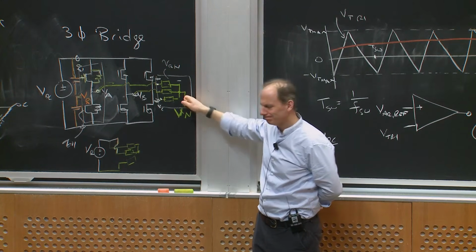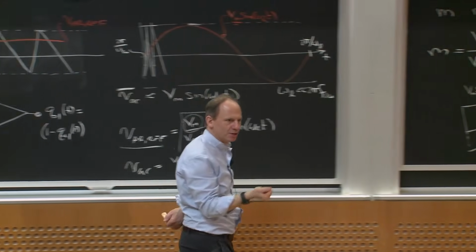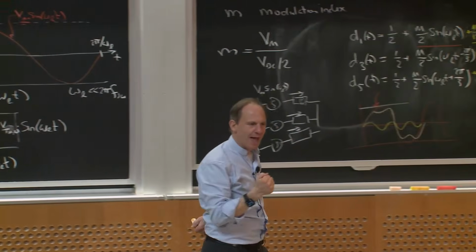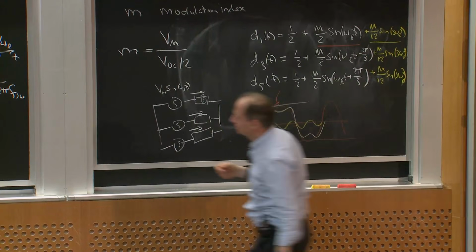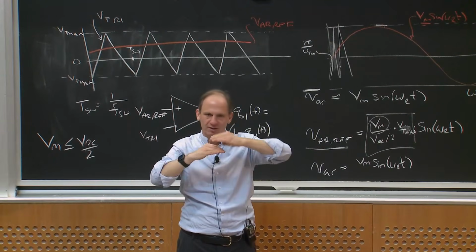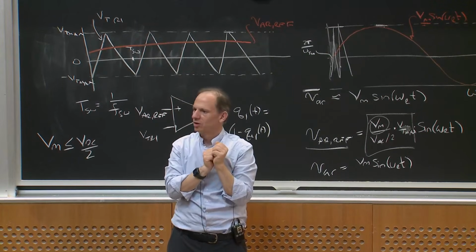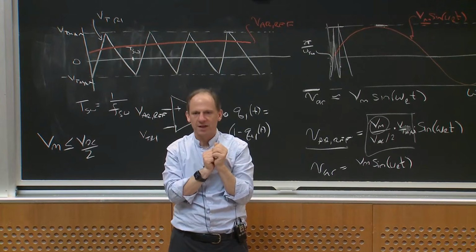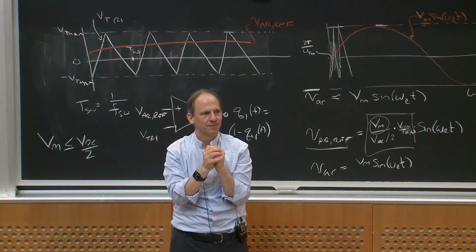Okay? So that's a technique that's sometimes called third harmonic injection PWM. Instead of doing this, you add some third harmonic onto that thing, and then you get an ability to expand your duty ratio range, or expand the fundamental voltage you can synthesize without distortion.